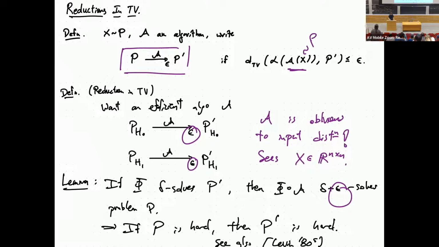So this reduction, again, just to remind you, the definition of reduction is saying that we have an efficient algorithm A that takes the H0 instance of problem P, maps it to the H0 of problem P prime with some error epsilon, and similarly for H1.